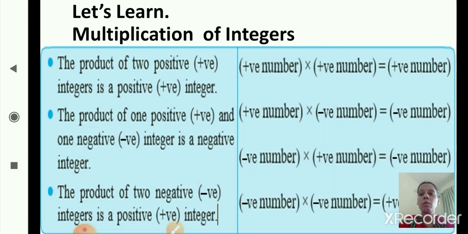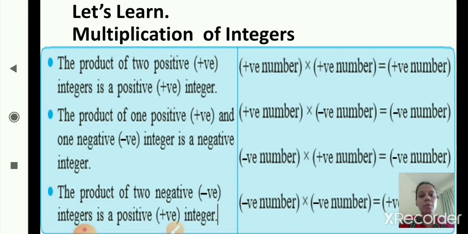Now we will revise the rules. The product of two positive integers is a positive integer. If the first number is positive and the second number is positive, then the answer or the product is a positive number. Now the second rule: the product of one positive and one negative integer is a negative integer.